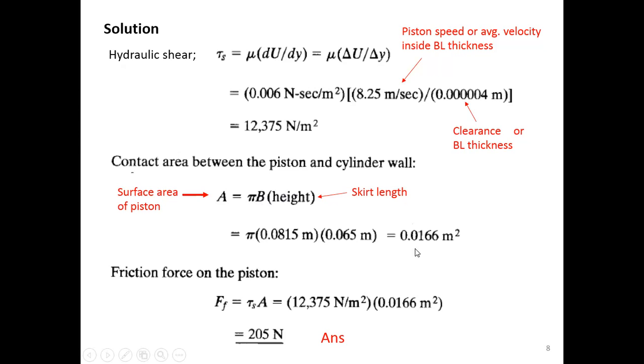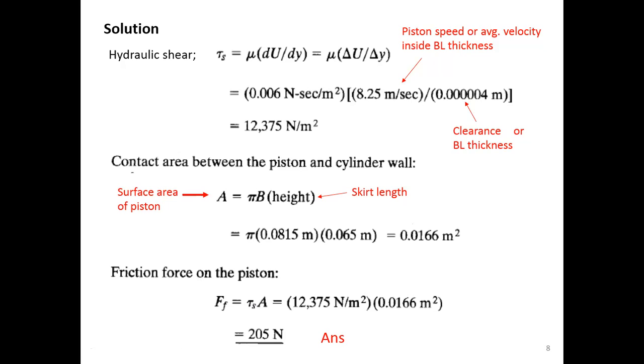So this will be the surface area of the piston, right? That we have the lubricant oil attached to this surface. So the friction force that happens on the piston can be calculated from this hydraulic shear. We say it's hydraulic shear because it's the shear stress that comes out because of the flow.